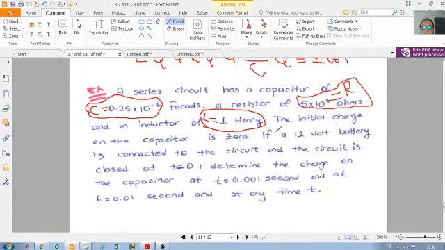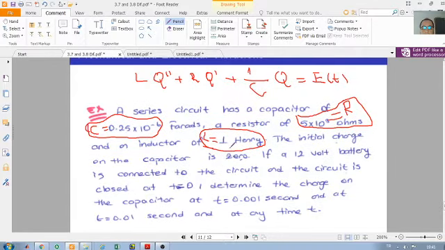And the initial charge on the capacitor is 0, which means Q of 0 is equal to 0.